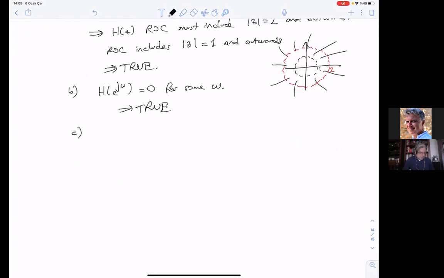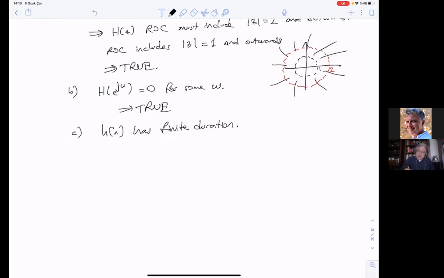Part C. H of n has finite duration. Now, the only way to have a finite duration h of n impulse response is for the region of convergence to be the entire z plane, except z equal to 0.